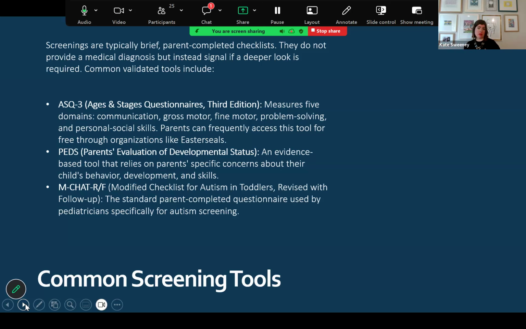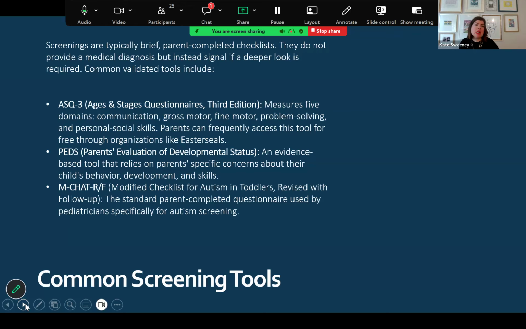The PEDS is another very commonly used screener. That's the Parents' Evaluation of Developmental Status. It's a little bit longer, but all of these are evidence-based and supported by those within the health fields. It's very dependent on a family citing something as concerning, so things can be skipped if a family doesn't know to be concerned about it.